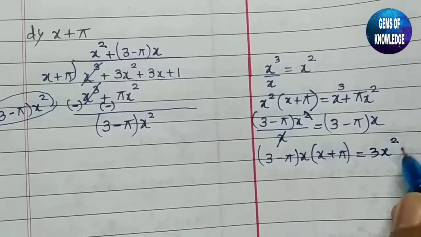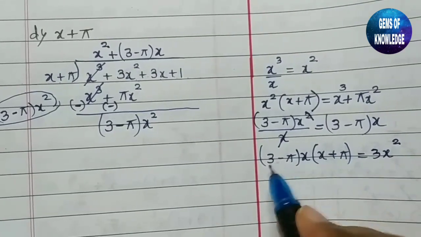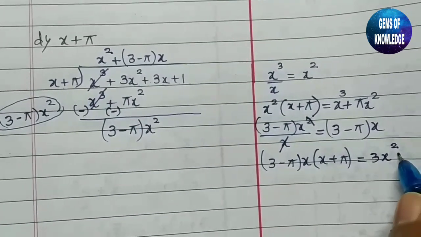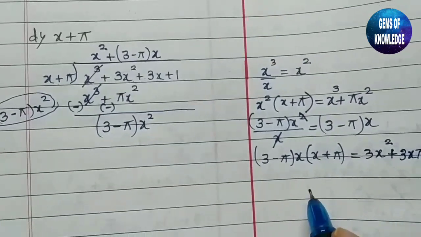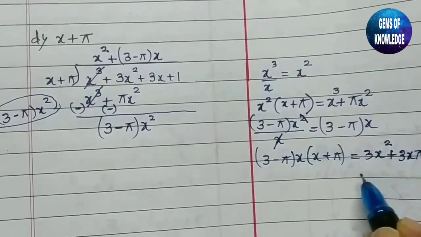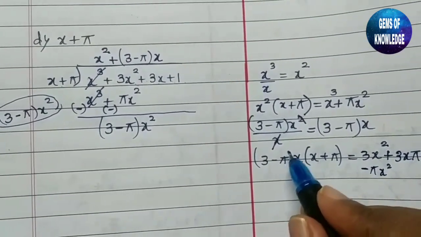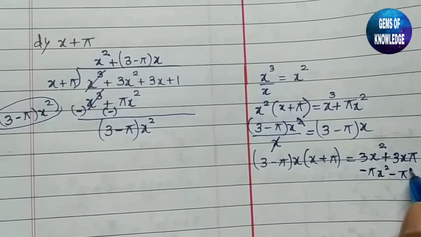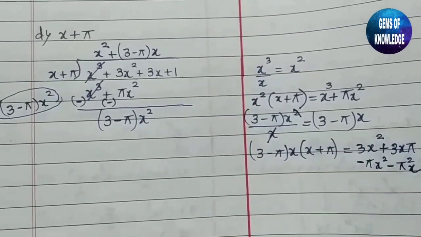Okay, then again 3x into pi, plus 3 pi x. Okay, then now minus pi x into x, so we are getting minus pi x square. Okay, and minus pi x into pi, so minus pi square x. So this we are getting. Okay.